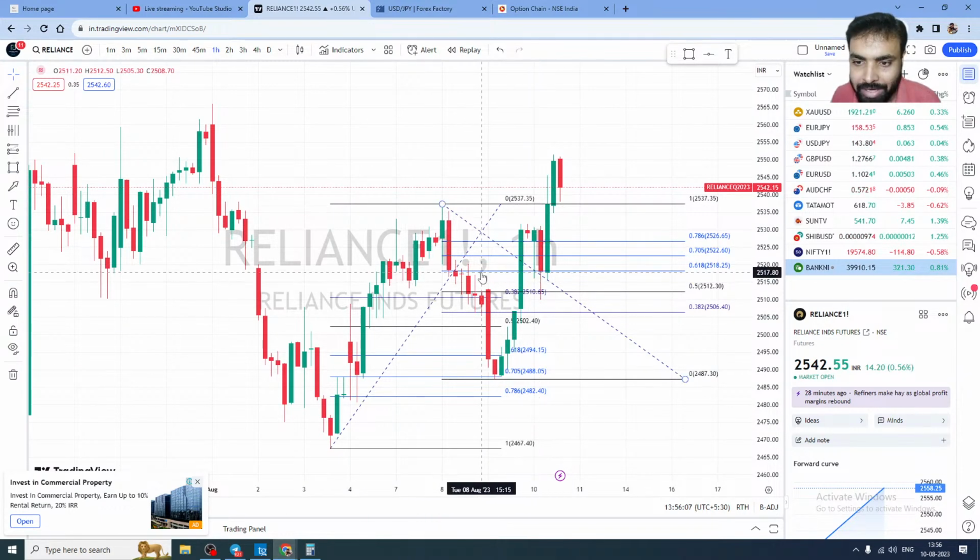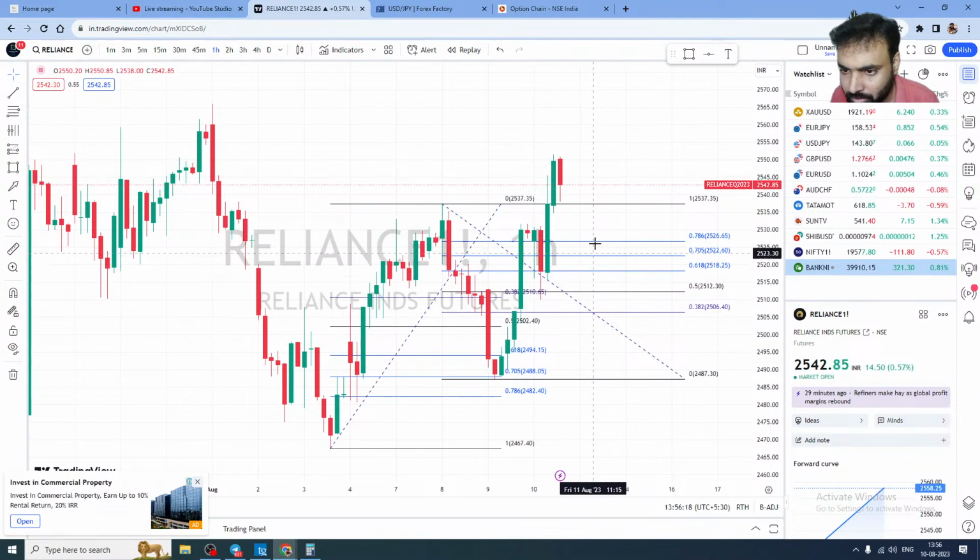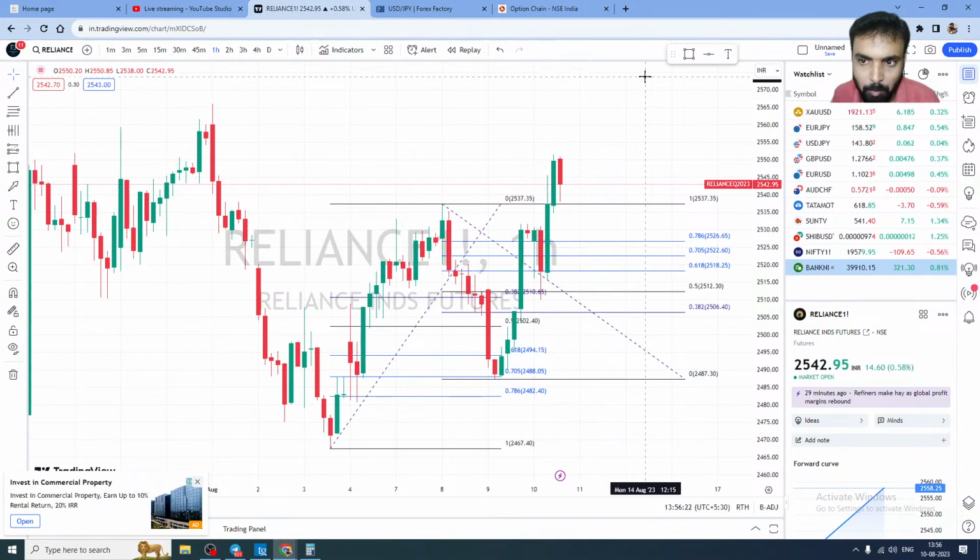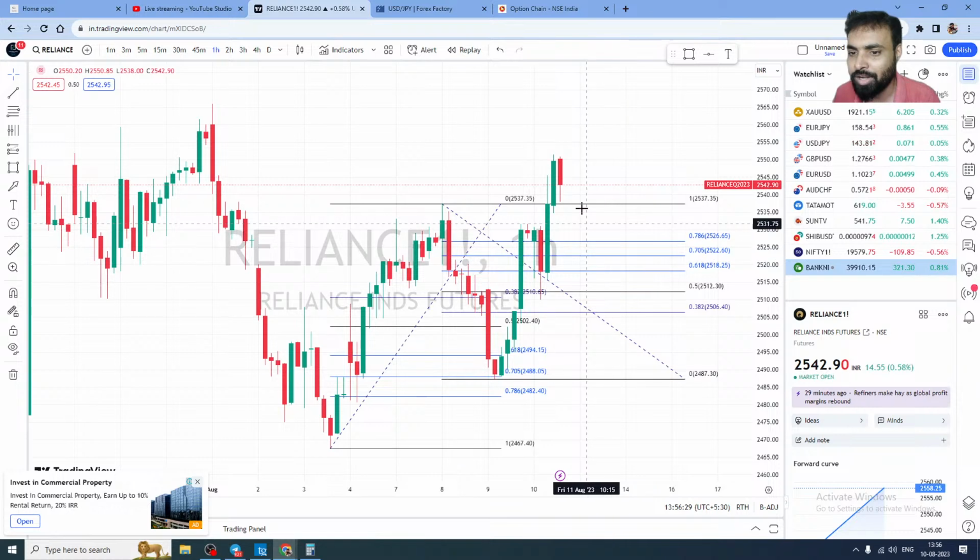And when price, for example, here went above, went down, right? Now it has gone above. Okay, so when it comes back to these fib points, from there you can look for buying. You can buy.